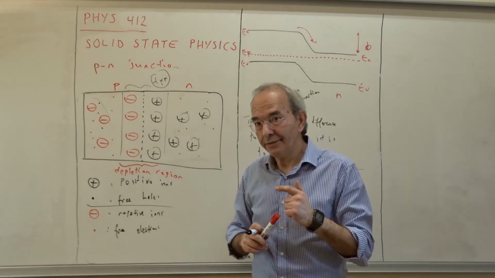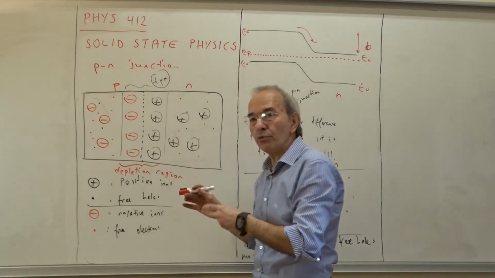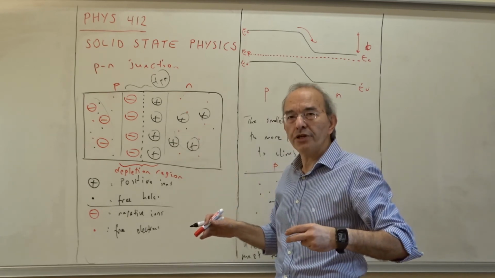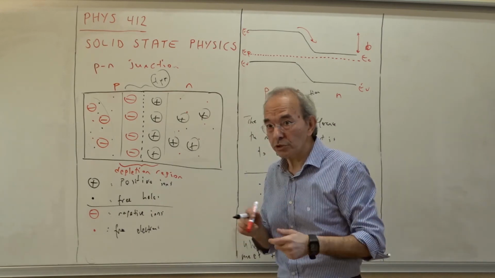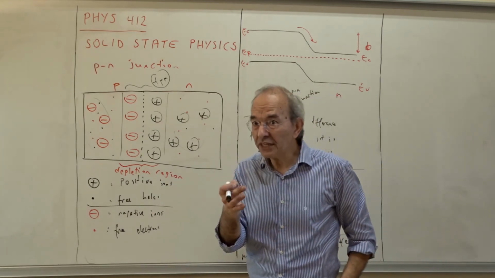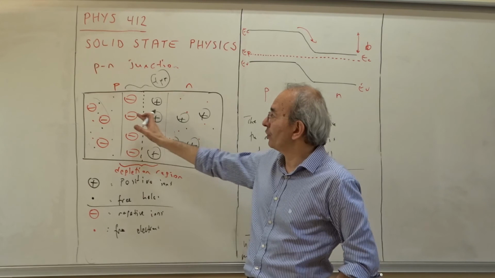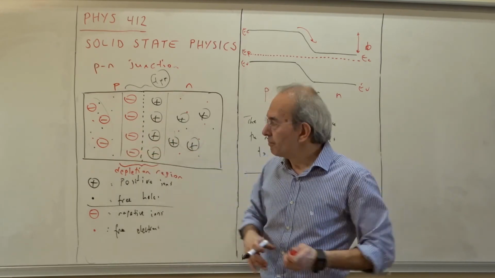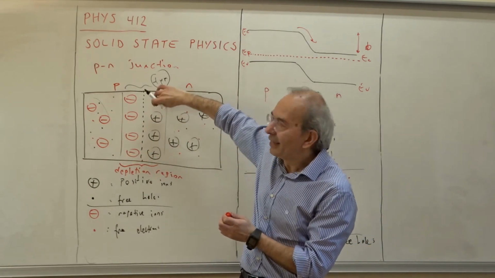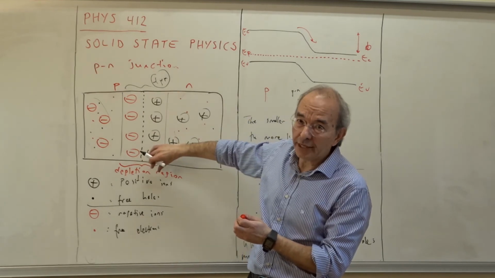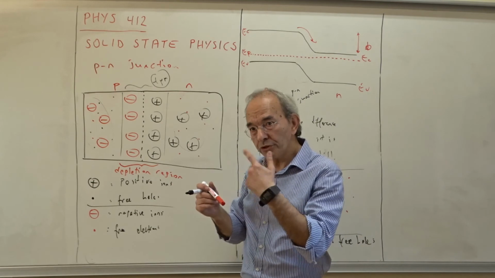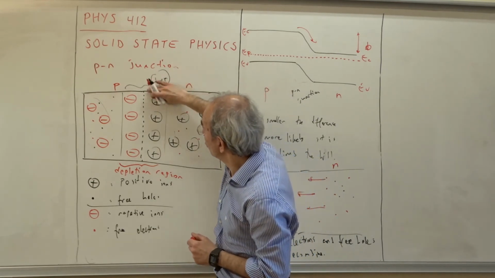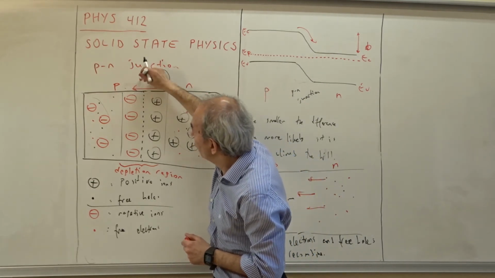But what happens then? And why don't these free electrons go further to the end? It is not possible because of the electric field now occurring as a result of these charges. Here we have, as you see, a layer of positive ions and a layer of negative ions. From the positive to the negative, there occurs a certain electric field.